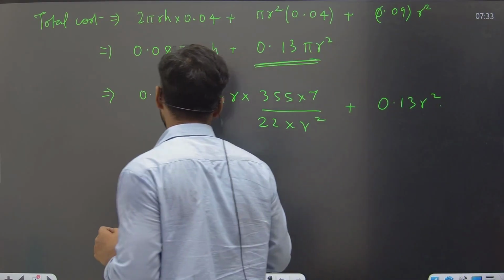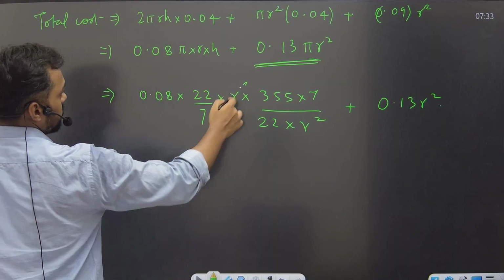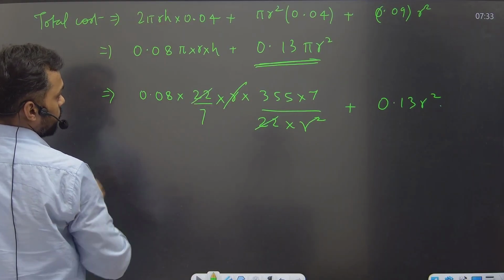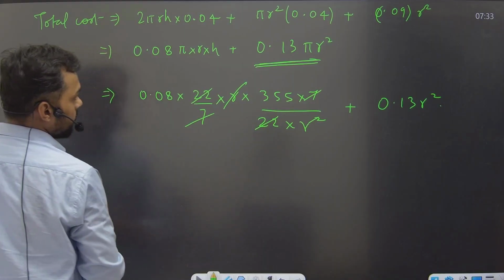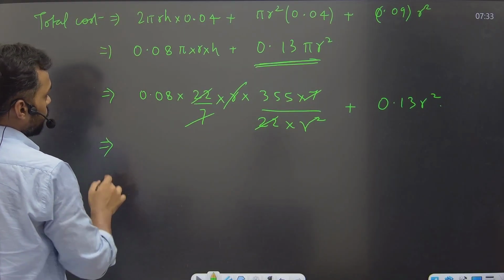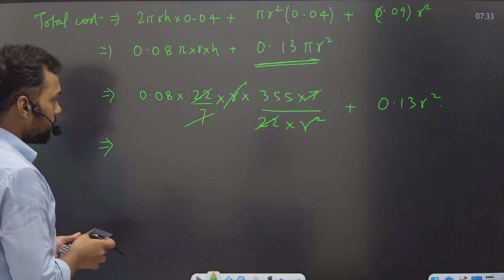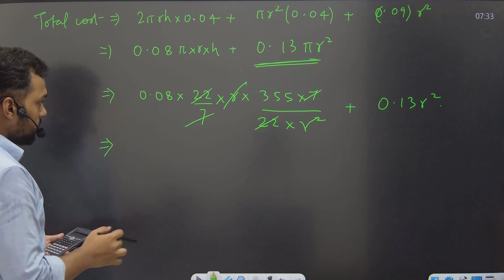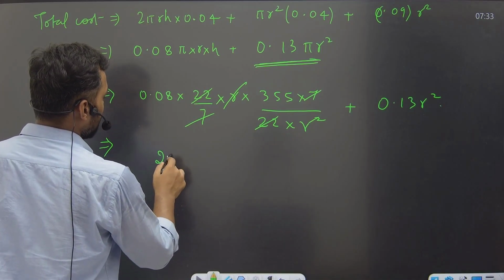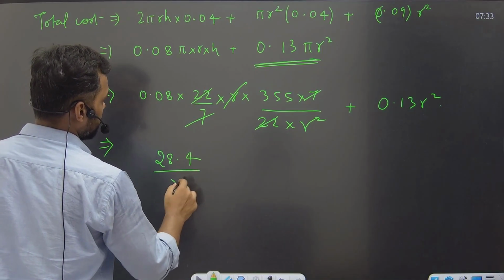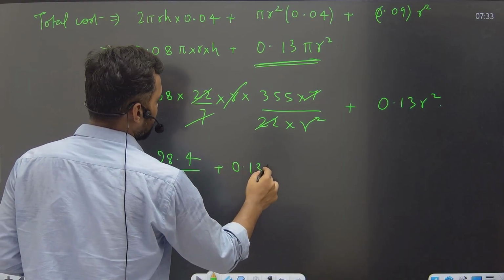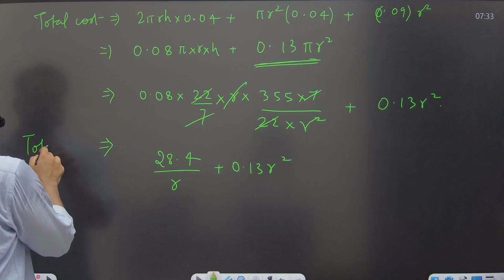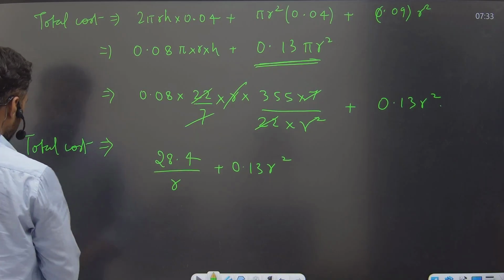If we calculate it further, this r and this r got cancelled, 22 got cancelled, 7 got cancelled. So we are left with 0.08 cross 355 upon r, which equals 28.4 upon r, plus 0.13 r square. This was the total cost they were asking us to calculate.